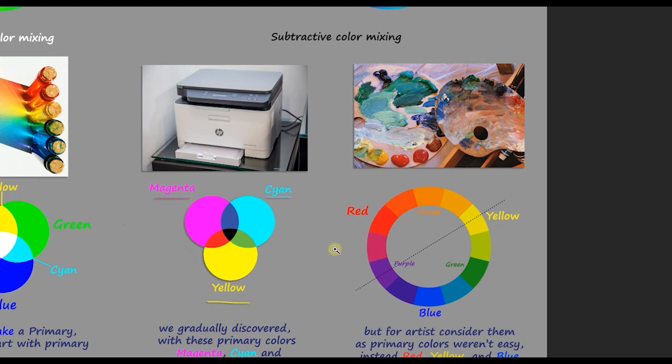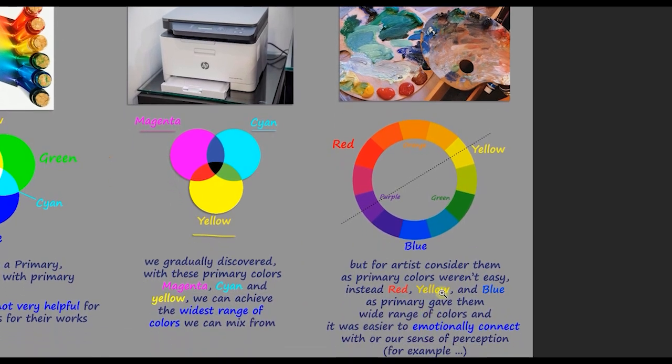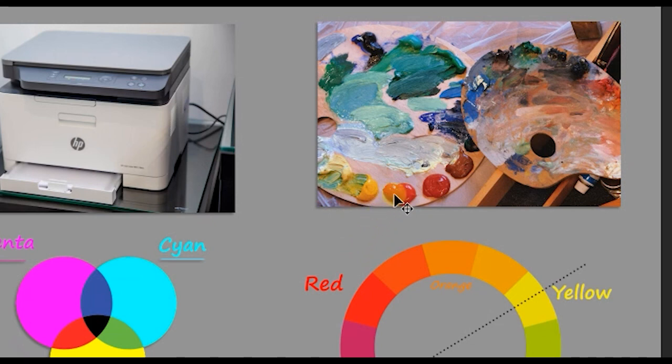We also have another subtractive color wheel. For artists, it wasn't easy to consider magenta, cyan, and yellow as primary, and then create combinations of them and use them. Instead, red, yellow, and blue as primaries gave them a wide range of colors, so they could mix these three colors and create other colors with them.